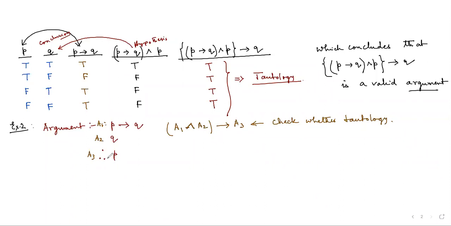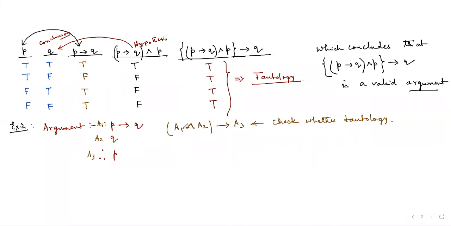Now I'll first check what the truth table of this argument reveals. If it reveals that all the truth values are true, that means it is a tautology, then it's all right. But if it is not, we are going to find out what could be the reason for it not being a tautology. So let us try to test it.